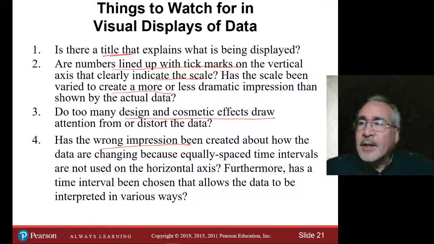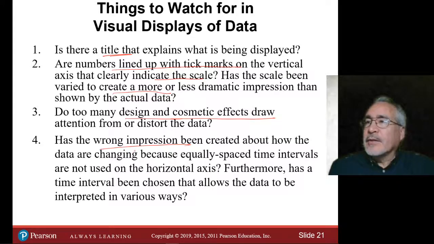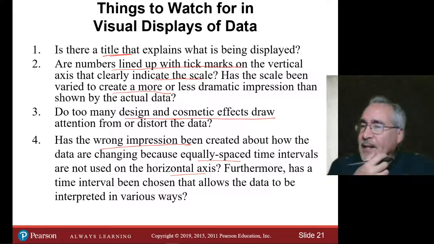We just really want to be able to make a data-informed decision, and not be swayed one way or the other. We just want to know the facts, just the facts. Okay, so do we give a wrong impression? Are they equally spaced intervals on the horizontal axis, and those kinds of things.